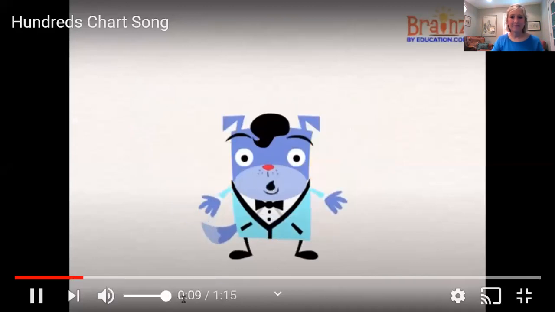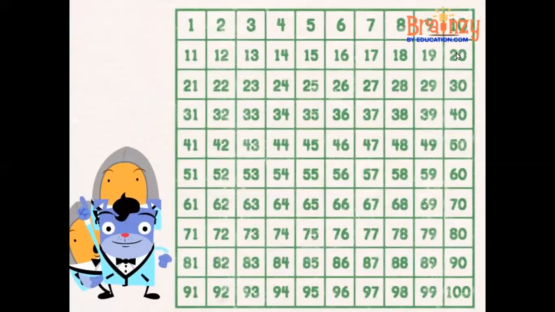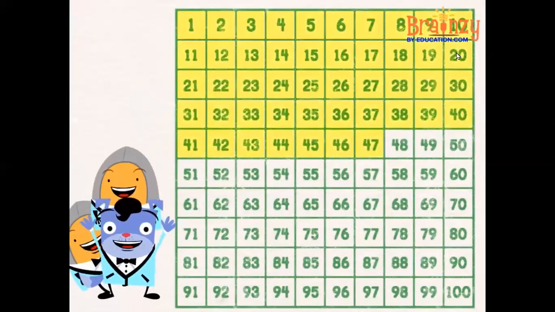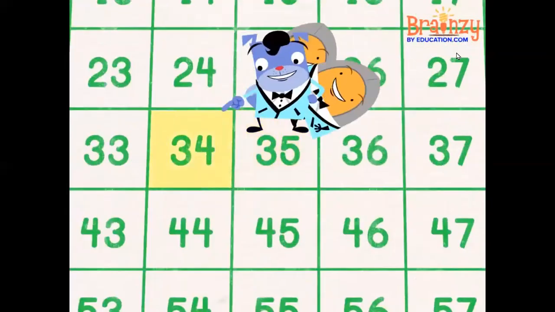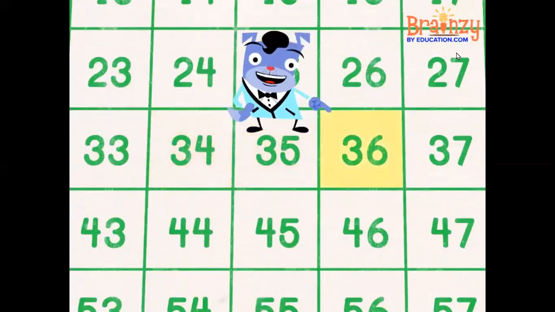Well, let me tell you about the hundreds chart. When you're counting, it's a place to start. Start at 1 and count up 1 by 1 till you're at 100 and you're done. Move left, and it's 1 fewer. Move right, and it's 1 more.